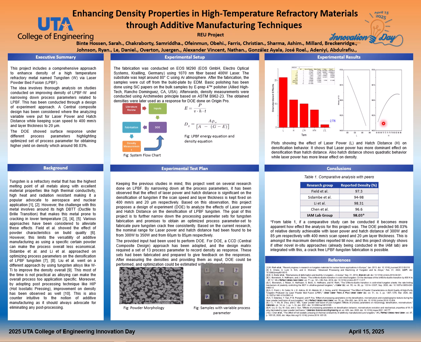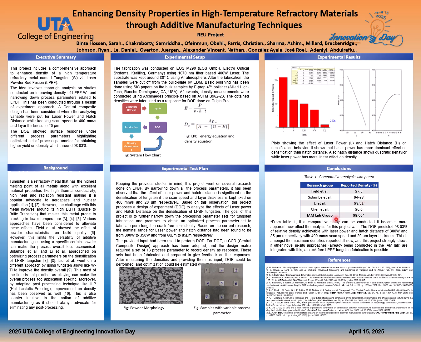And the hatch distance has a quadratic relationship, and as we can see here, we found a threshold. Based on other research as well, we figured out that 300 watt is a good laser power startup.